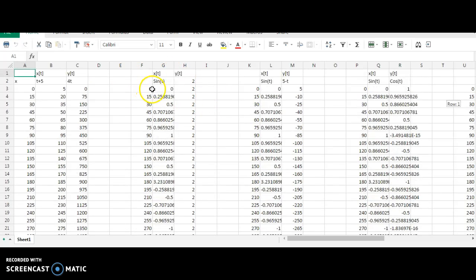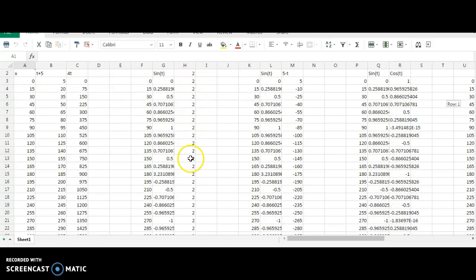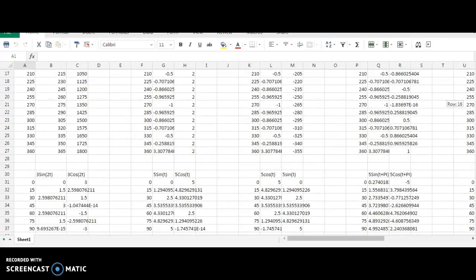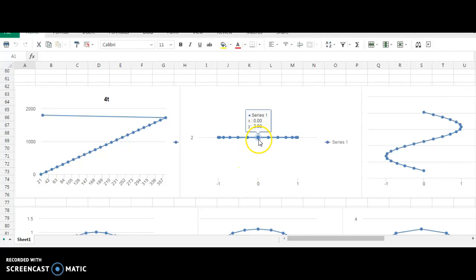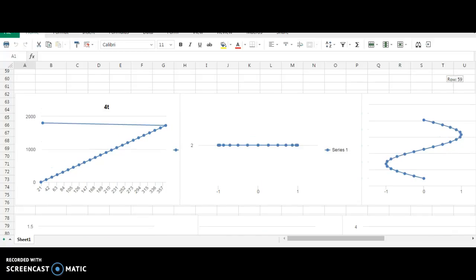So we have sine t, which bounces on y value of 2. In this case, it starts at 0, and along that time, sine of 30, I think it's sine of 30, I'm not too sure.